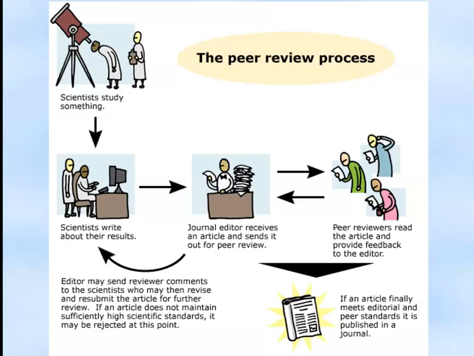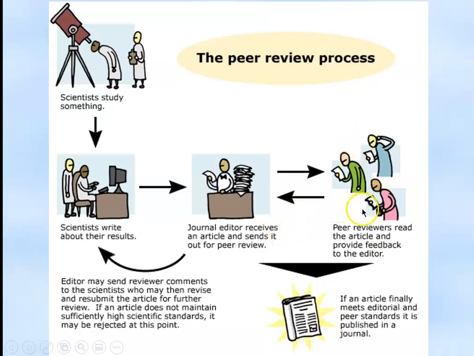If the science has been carried out in the correct way, if the analysis has been done correctly, if the conclusions that they are drawing seem to be logical conclusions, and it's a good report, then they might say, yeah, let's publish this, right? So if an article finally meets editorial and peer standards, it is published in a journal.